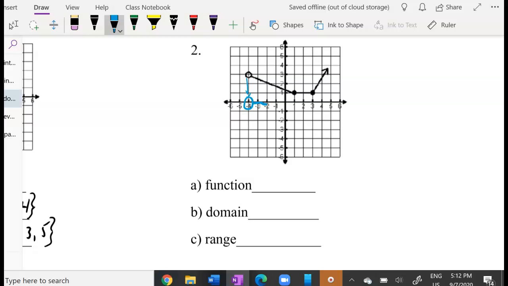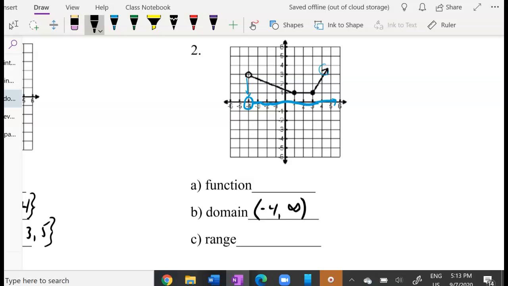All of these points are going to be included, and then forever, because this arrow means it goes not only upwards, but also to the right indefinitely. So the domain of this one is everything from -4 to infinity. We'll put that in interval notation, from -4 to infinity. And because of the open circle here at -4, we're not going to count the endpoint. We're not going to be inclusive.